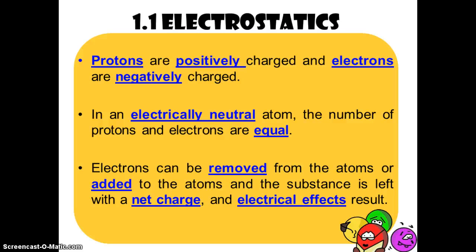Protons are positively charged and electrons are negatively charged. So if I say that an atom is electrically neutral, the number of protons and electrons are equal. Electrons can be removed from an atom or they can be added, and when that happens, the atom will have a net charge. We call them an ion, and as a result it will have an electrical effect.